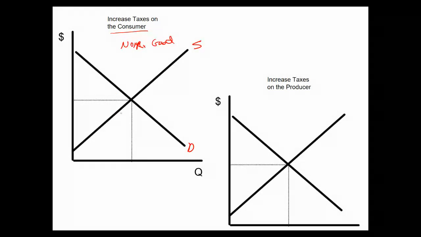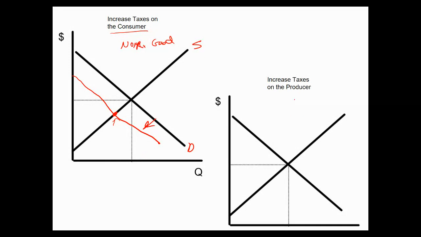They're going to take more from my check. Well, then we know my demand curve will shift to the left. But theoretically, if we have no sales tax, I'm still at equilibrium. But I'm buying less because the government's taking more from me.